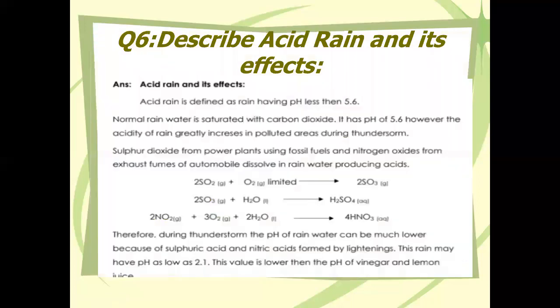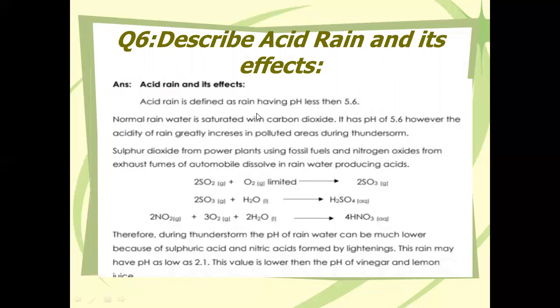Question number 6, describe acid rain and its effects. First of all, you must write the definition of acid rain. Acid rain is defined as rain having pH less than 5.6. Why pH less than 5.6?